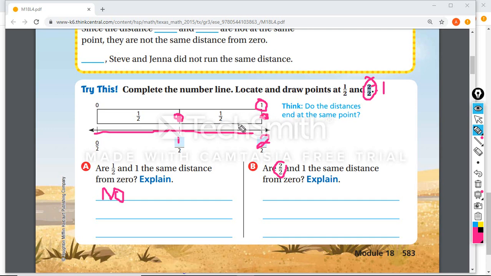Here's the 1 whole, and the answer is yes. They are the same distance from 0 because they are equal. They're found on the same spot on the number line. So 2/2 equals 1 whole. And this is another way to represent a whole. That was easy.